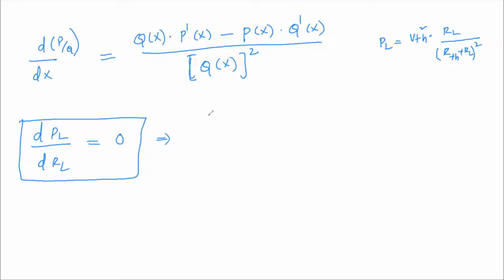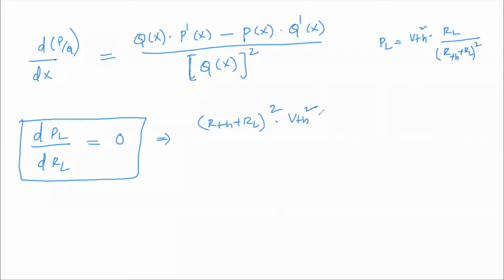So if you differentiate, what you get, Q of X, just keep Q of X, that is RTH plus RL square. What is differentiation of P of X? Differentiation of VTH square into RL with respect to RL. That means this is constant anyway, so you will get VTH square.